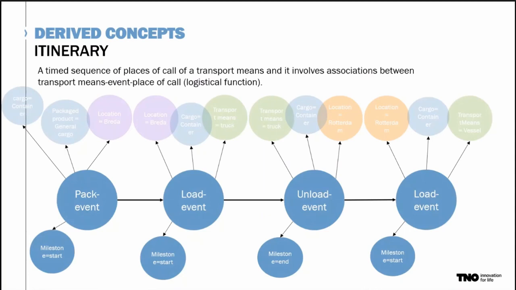And in this case, the itinerary would be the sequence of load and unload events, because there the same transport means consistently is involved in. So we would infer this to be the itinerary. And that is the eventual goal of how we apply the events.